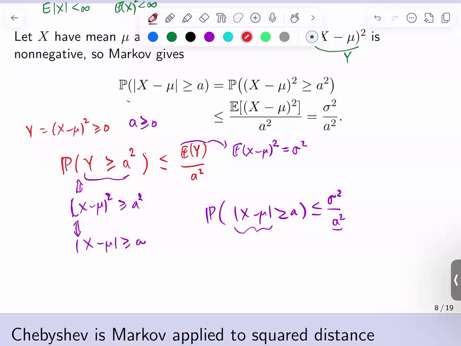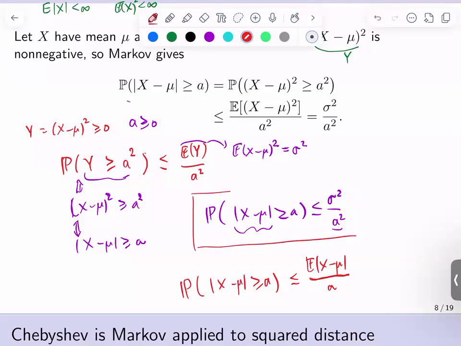You could have done it with this. You could have had a Markov inequality like this. This is also non-negative. You could have done this less than or equal to the expectation. This is going to be an absolute value. This is like an absolute first moment. This is also true. But this is in general better for large a, if the variance exists.